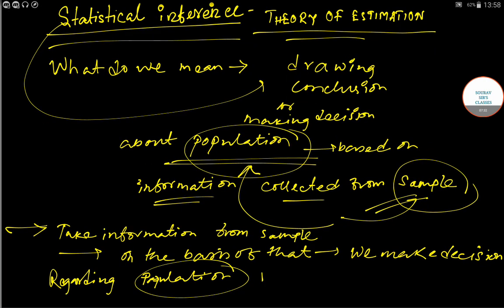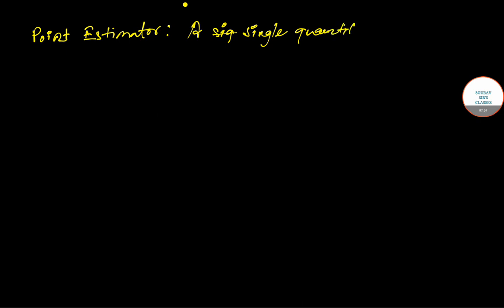The next part is what is point estimator? So point estimator is actually a single quantity based on sample data used to estimate the parameter.